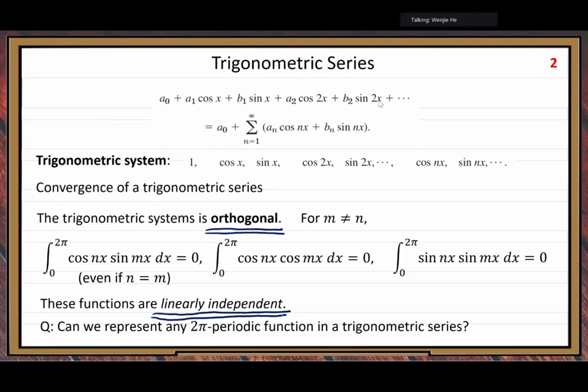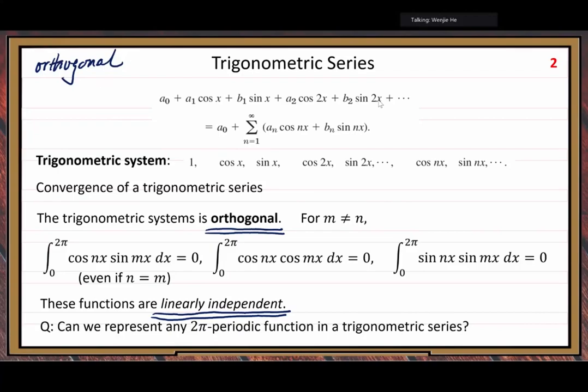Orthogonality, if we use the geometric understanding, is perpendicular. Two vectors that are perpendicular, we can also call orthogonal.